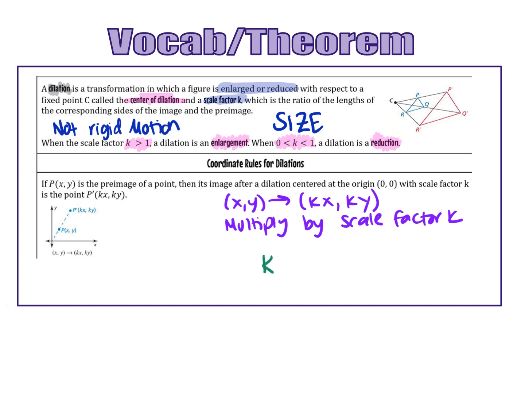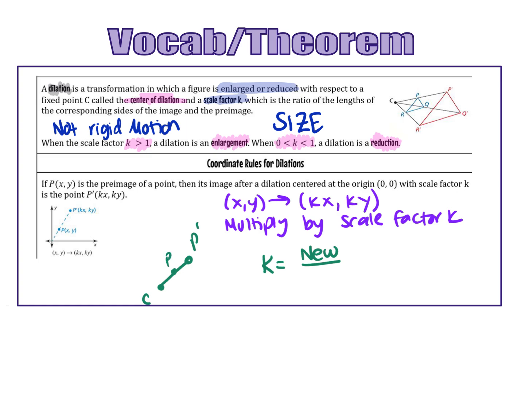If we aren't given the scale factor, what we would do to find it is divide the new length, the length from the point that we're dilating about, that point C, to the edge of our shape or to our new coordinate, divided by the length to the original coordinate.